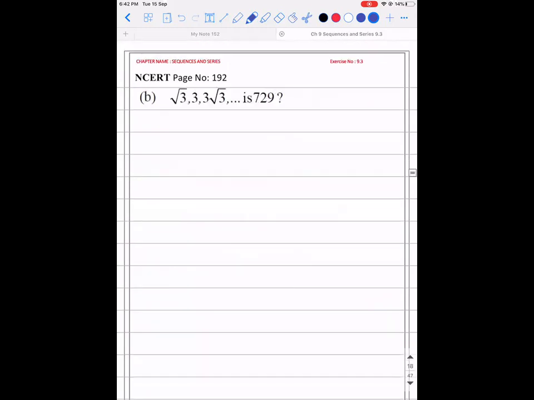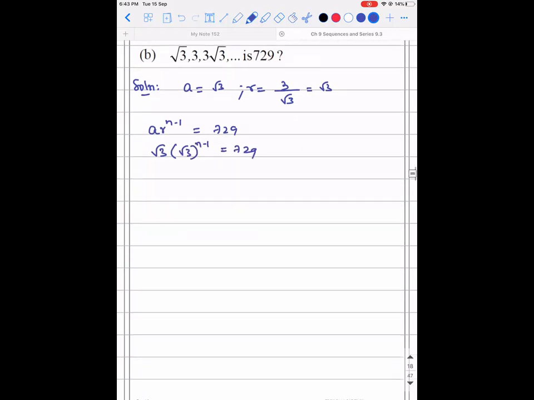We'll go to the next problem. Which term of the sequence root 3, 3, 3 root 3, and so on is 729? So a is root 3, r is 3 divided by root 3, that is also root 3. So a r power n minus 1 is 729. a is root 3, r is root 3 power n minus 1 is 729. So root 3 into root 3 power n minus 1 is nothing but root 3 to the power n, which is 729. That will be 3 power n by 2, which is 729.